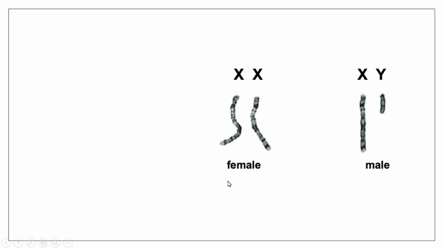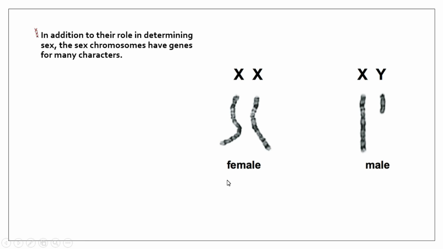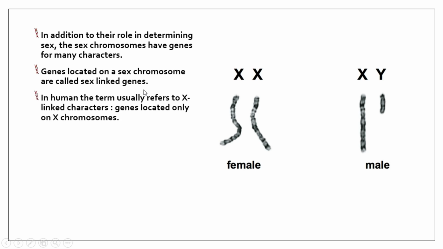About X and Y chromosomes, we have to say that not only do they determine the gender or the sex, they also determine some other features as well. That's why we can call them sex-linked characteristics, because usually these genes are located on the X chromosome.